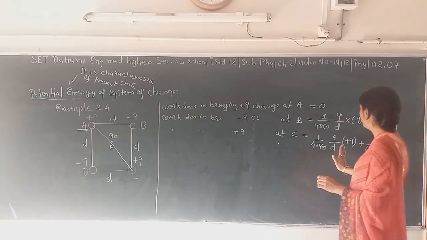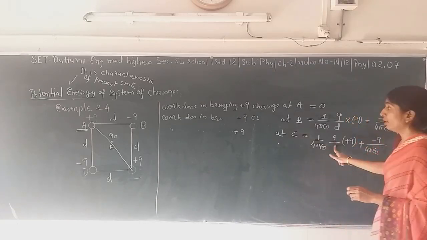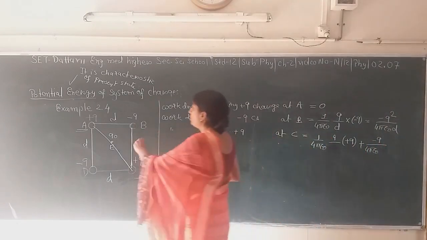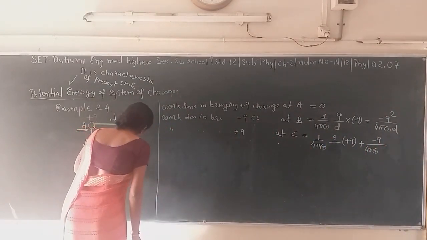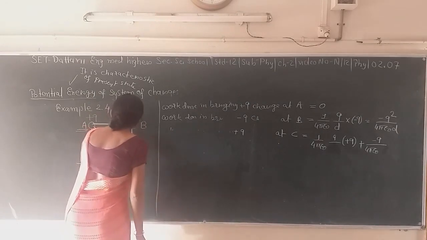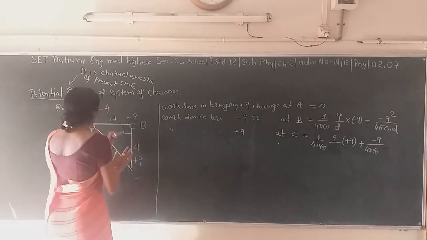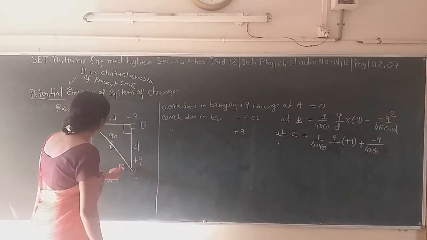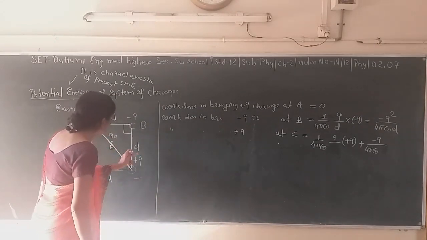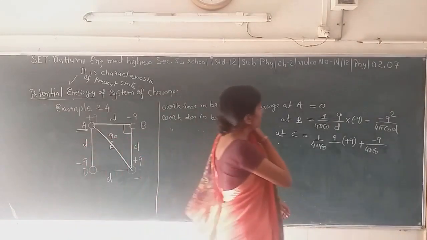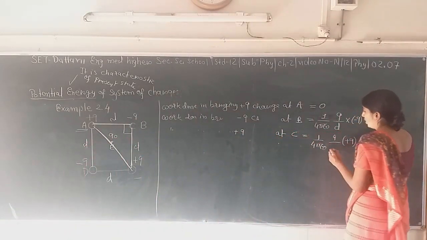One thing over here. Since it is a square, all angles are right angles, and this is the hypotenuse of this right angle triangle. This one is d square, this one is again d square. So b square plus c square is 2d square.